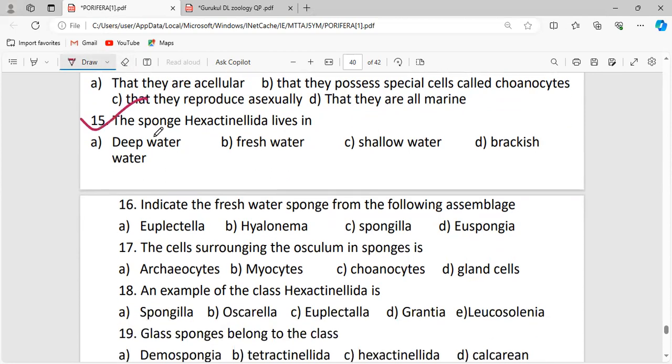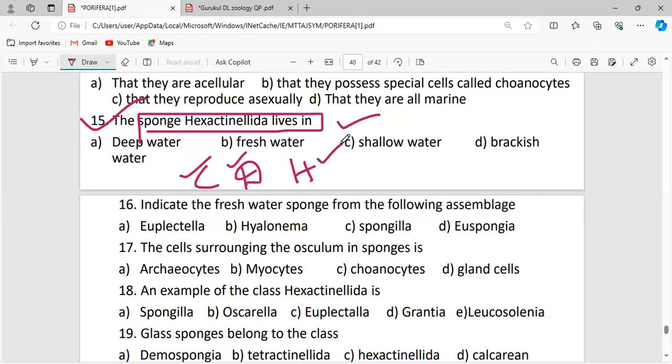Now, the sponge Hexactinellida lives in. I explained this when I explained the general characteristics of each class: Calcarea, Desmospongiae, Hexactinellida. This is small, this is moderate, this is large. This lives in the shallow, this lives in the deep, and Hexactinellida is in both.